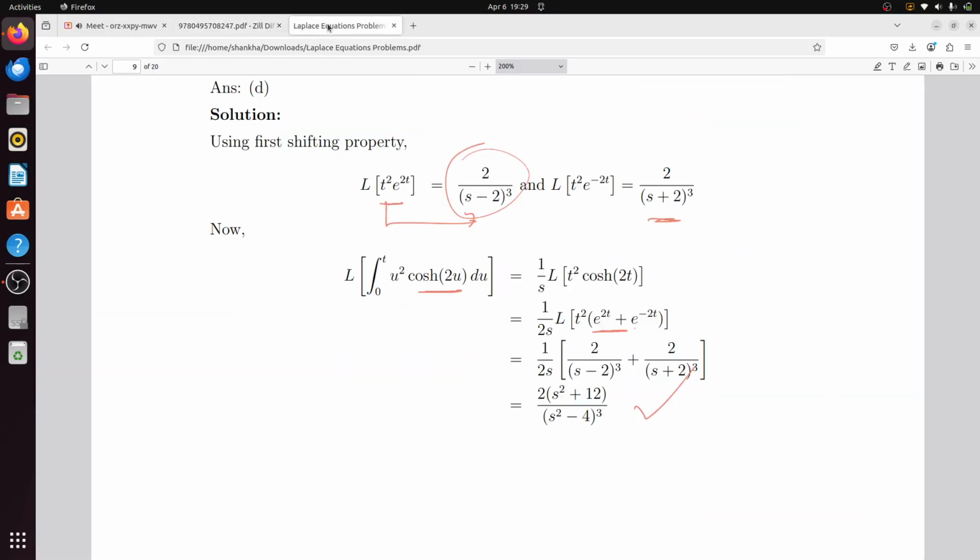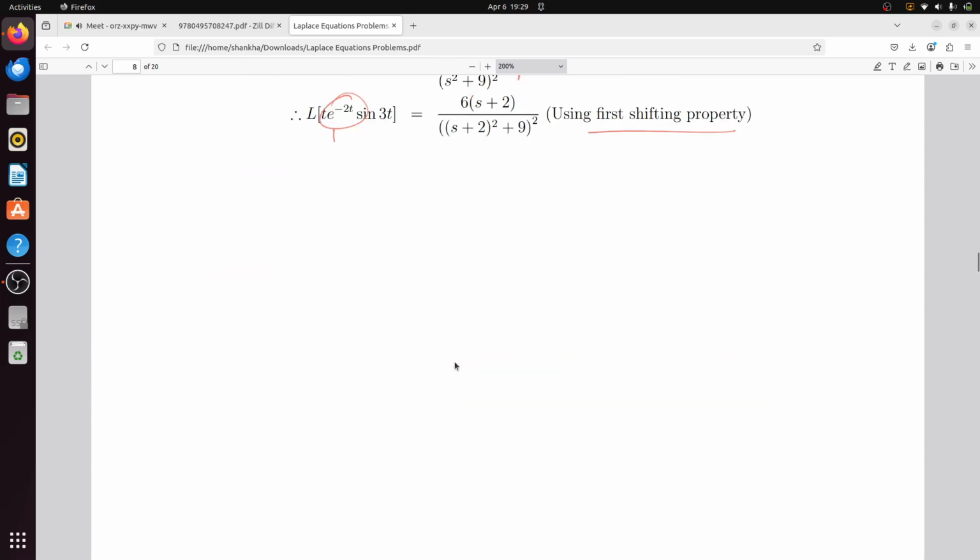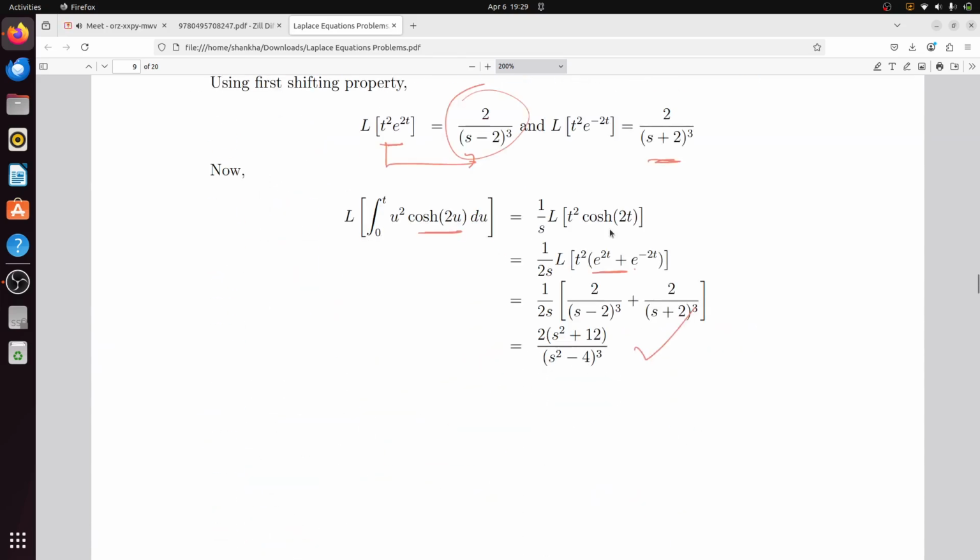Next, for cos hyperbolic 2t, what I have discussed, that t to the power n into a function of t, that means minus 1 to the power n d^n/ds^n F(s), that also you can apply. So that is t square cos hyperbolic 2t. The Laplace transformation of cos hyperbolic 2t is s by s square minus 4.